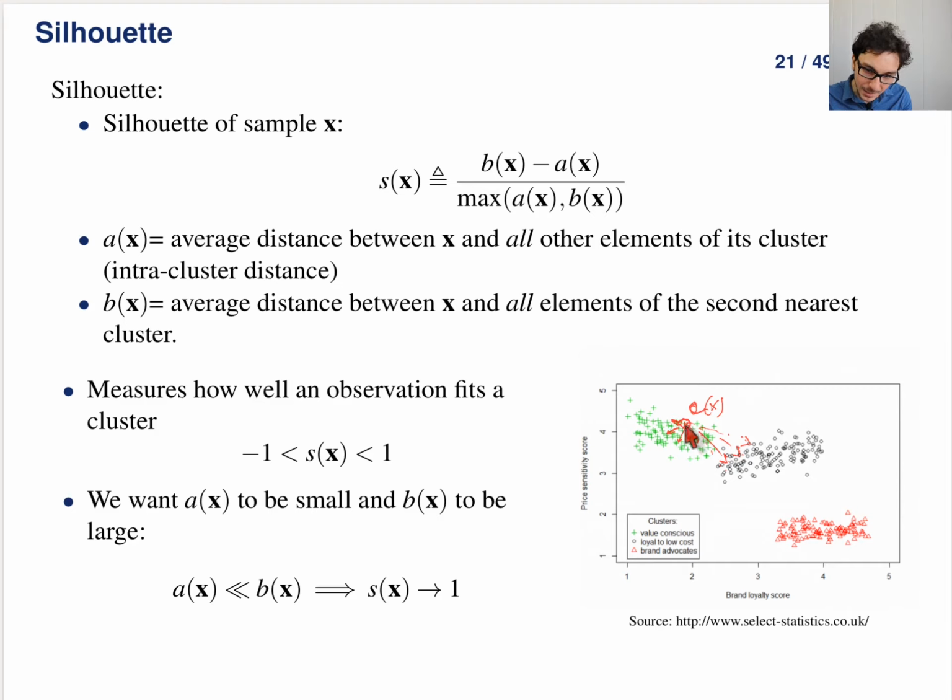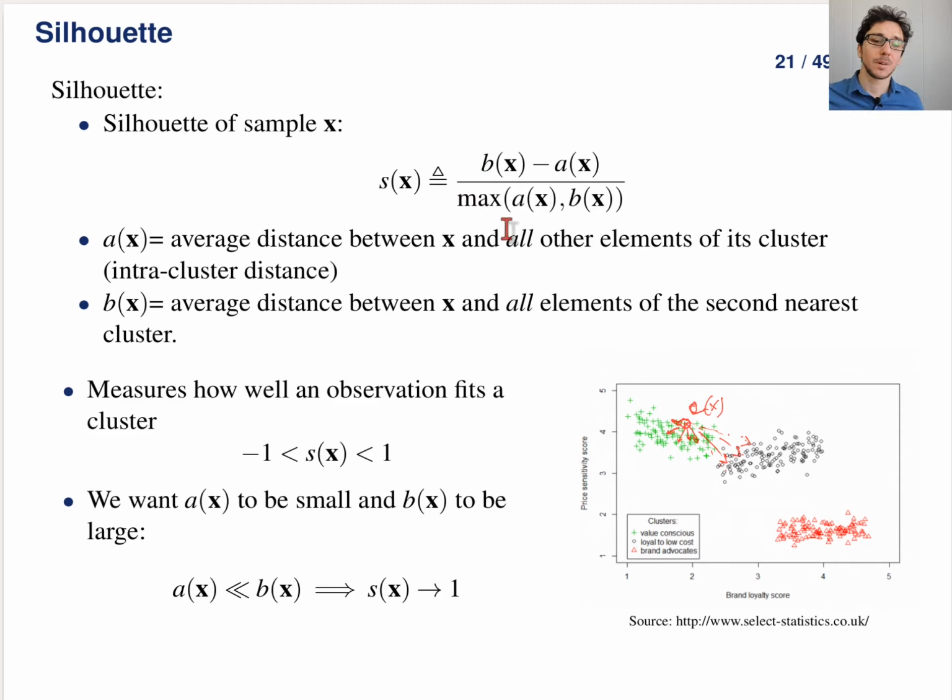We compute the distance between the sample and all the points of this cluster, and we compute the average. So in other words, A is a measure of similarity of a sample with its cluster, and B is a measure of distance between the sample and the other cluster.